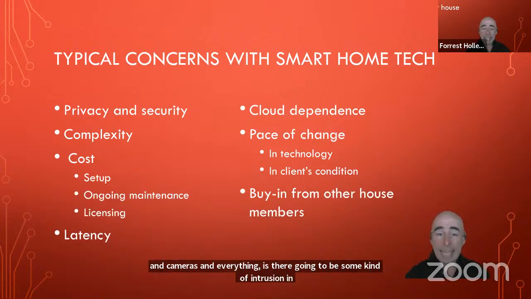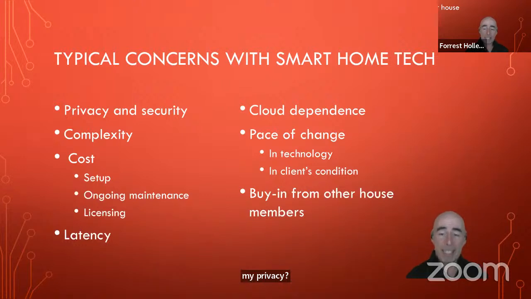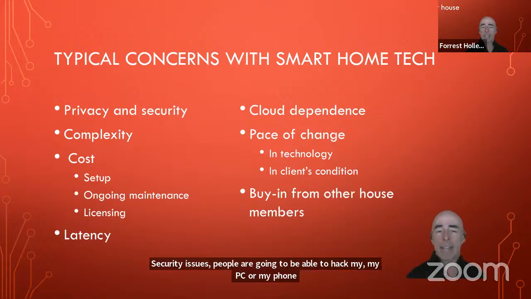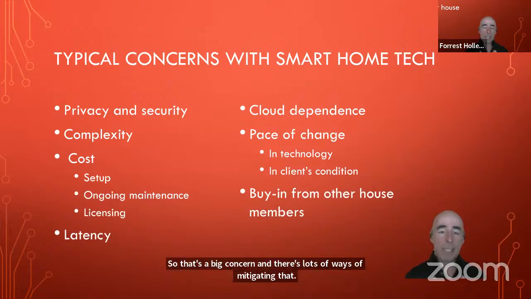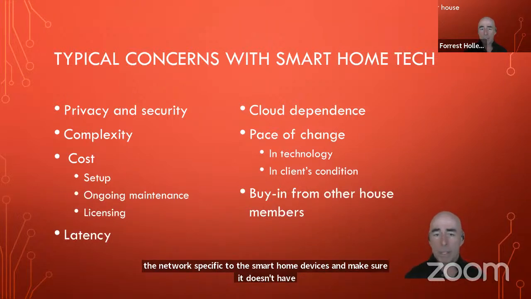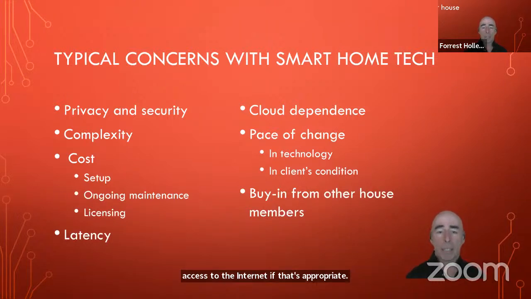Are people going to be able to hack my PC or my phone because they got access through one of the devices? That's a big concern, and there are lots of ways of mitigating that. Certainly we can set up a particular channel of the network specific to the smart home devices and make sure it doesn't have access to the internet if that's appropriate. There are lots of ways of making sure that privacy and security are dealt with.